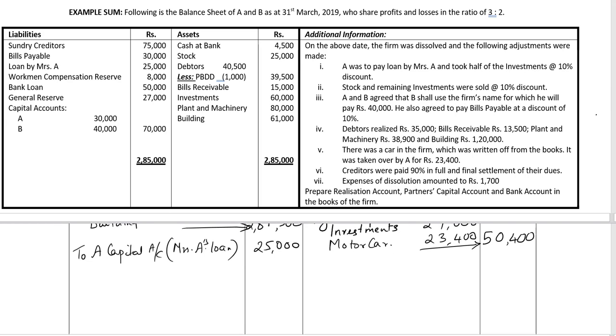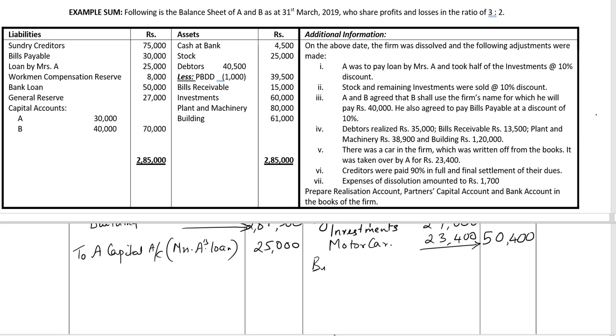Let's go to the third point. We'll come back to the second point, which assets are realized. We'll go to the third point. It says A and B agreed that B shall use the firm's name, for which he will pay ₹40,000, and he also agreed to pay bills payable at a discount of 10%.